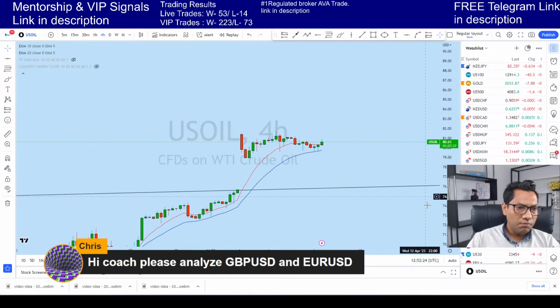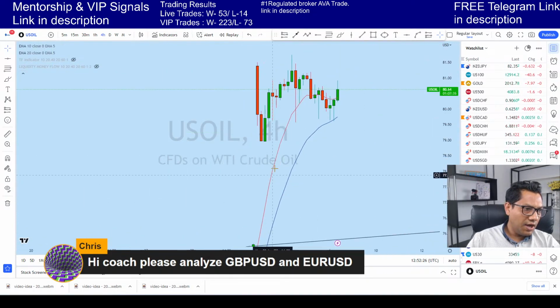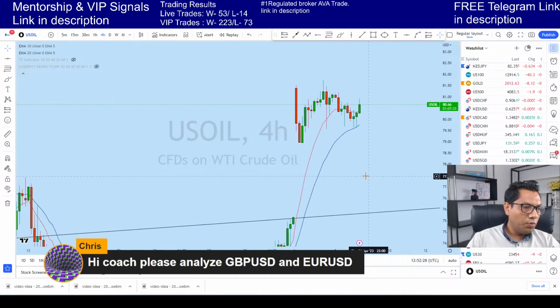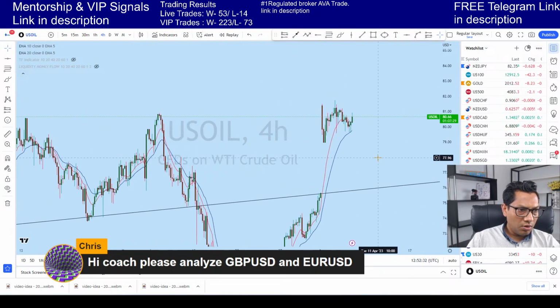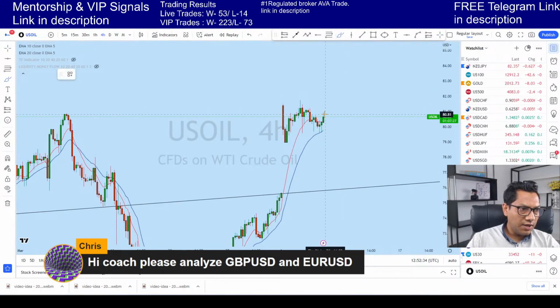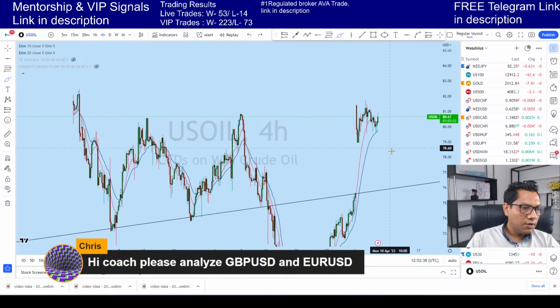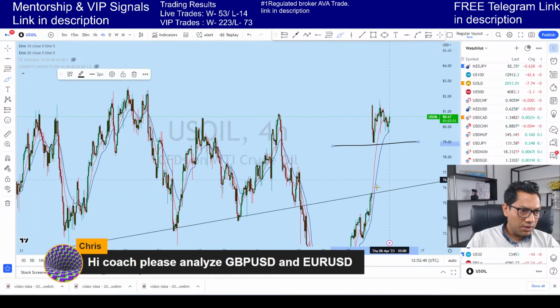US oil, this market after opening with this gap, it's moving sideways. You can see that. I will not be interested in US oil until I see the market is here. You can see there is a big gap. It's not an ordinary gap.